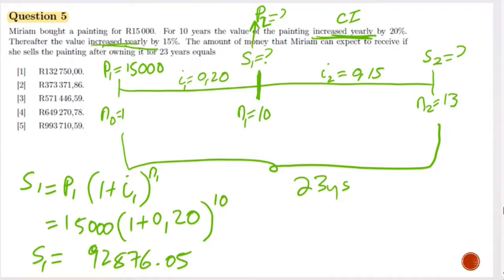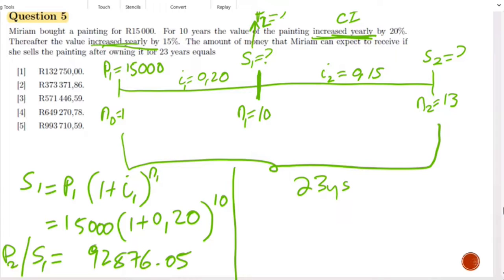Remember, we said my S1 is equal to my P2. This at the same time becomes my new present value. So I am done here for the first period. Things change. So now I'm going to start calculating for the next 13 years, with this being my referencing point.